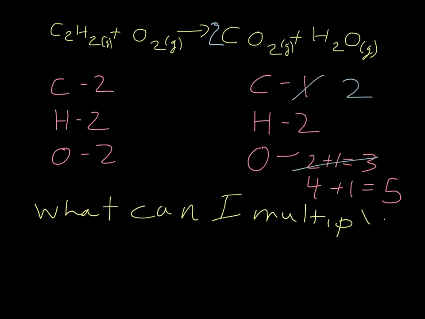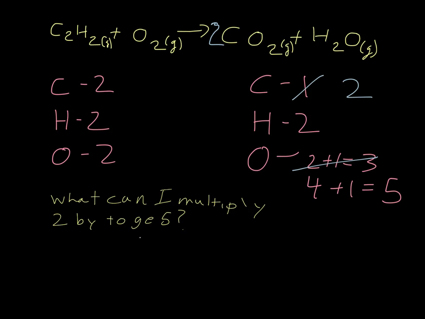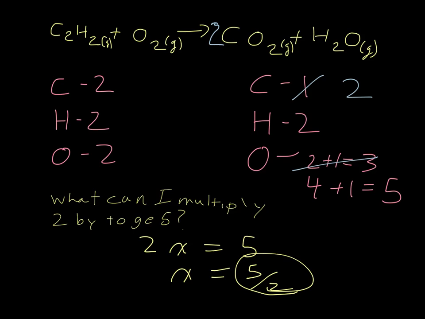So I'm going to ask myself, what can I multiply 2 by to get 5? In other words, 2 times x equals 5, so x must be 5 halves. So that's what I need to multiply 2 by to get 5. So I have my answer, so I'm going to place 5 halves in my chemical equation.